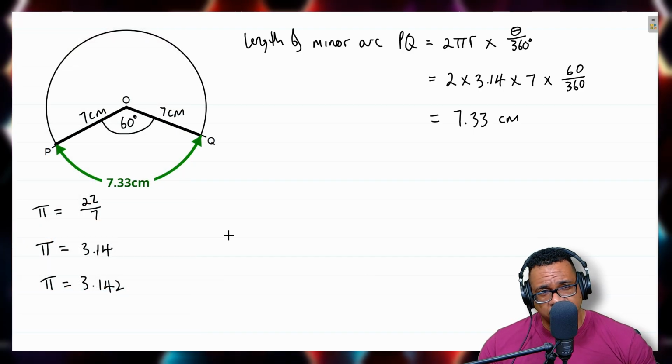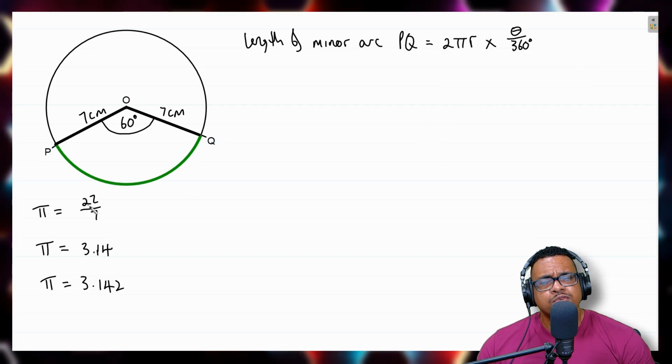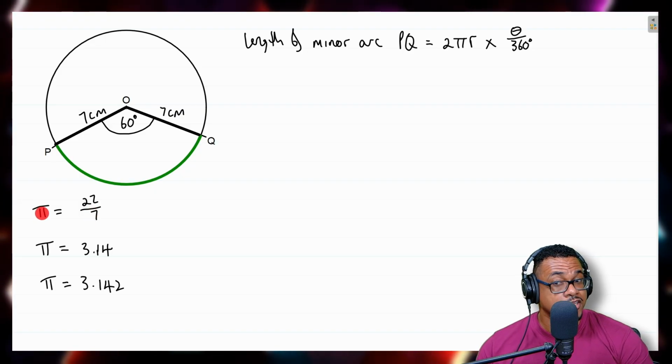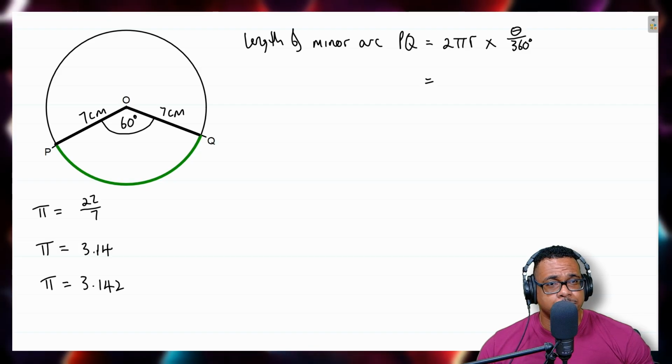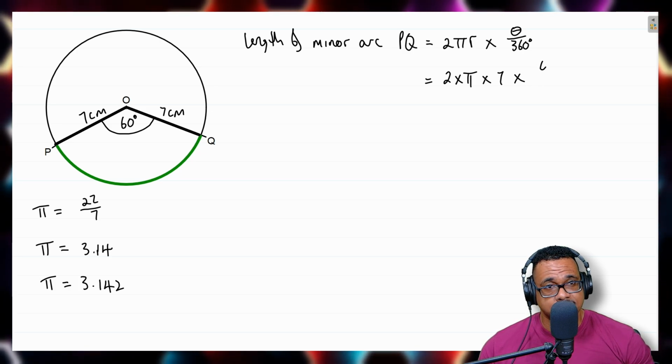Now, sometimes you are required to give your answer in terms of pi. So if they ask you to do that, you are not going to use any of these values for pi. You're just going to leave the symbol pi in your working. All right, so we're going to give our answer in terms of pi. So you're going to put 2 by pi by the radius, which is 7, by the theta over 360, so that's 60 over 360.